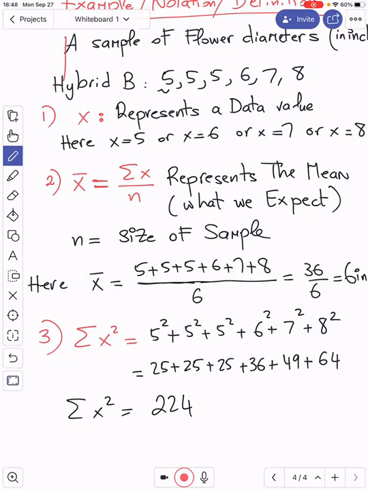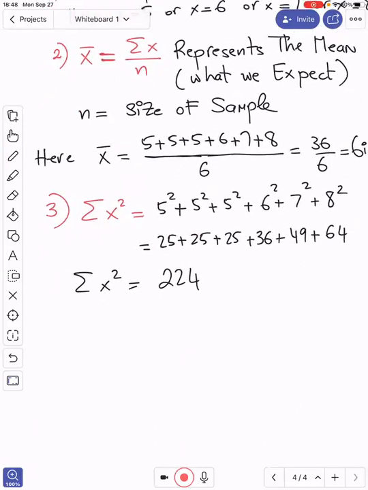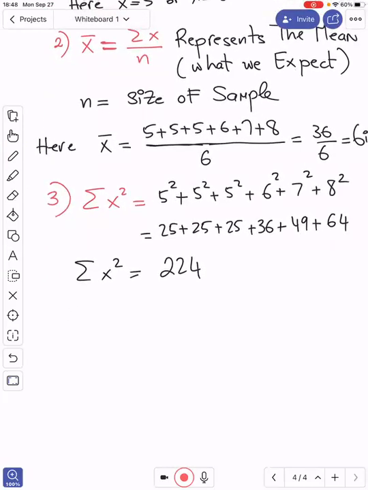Now, next, guys, we have the sum of X squared. Next, we're going to need the sum of the data values, and then we square it. So number 4: the sum of the data values, and then squared. This is different from number 3.